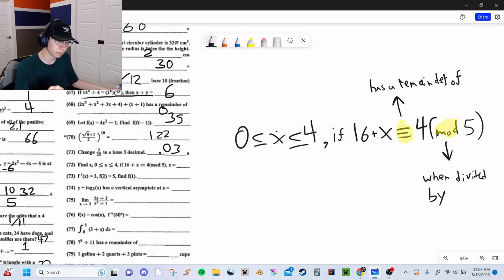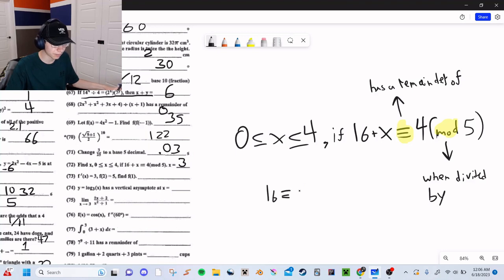And so, I gotta think, okay, what number x can I add to 16, that is between 0 and 4, that gives me a remainder of 4 when I divide this number by 5. Well, 16 already has a remainder of 1 when I divide it by 5. So to get it to a remainder of 4, I'll need to add 3, right? So 3 is my answer, right?